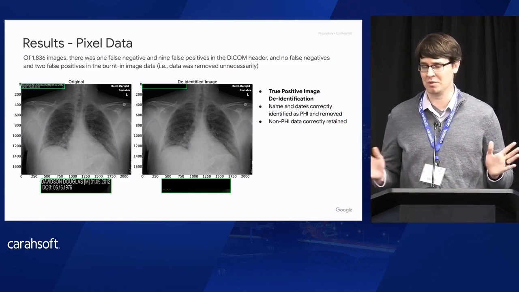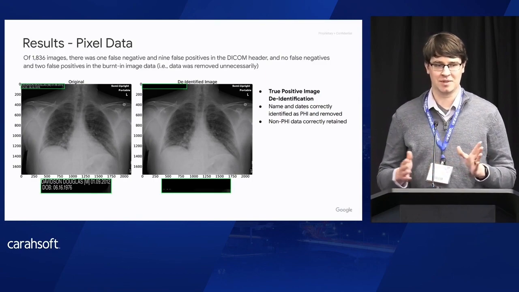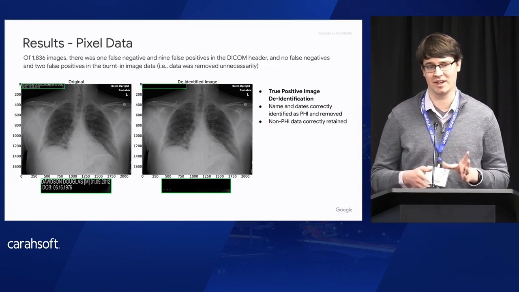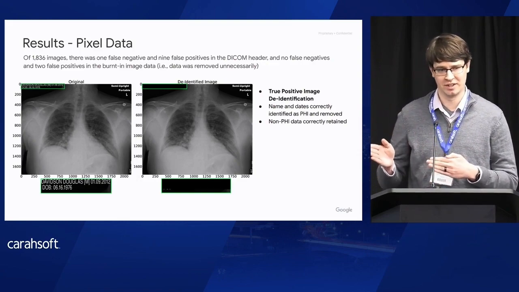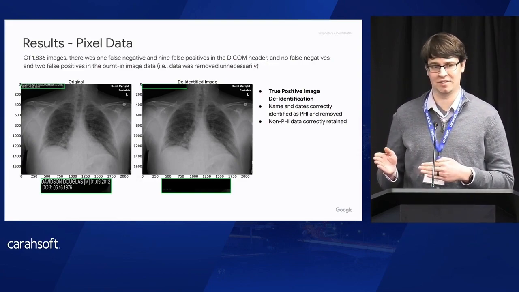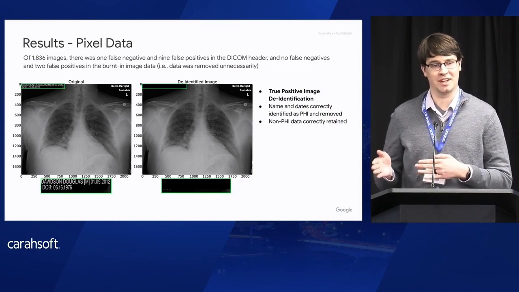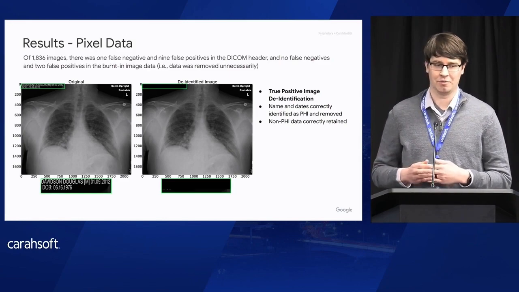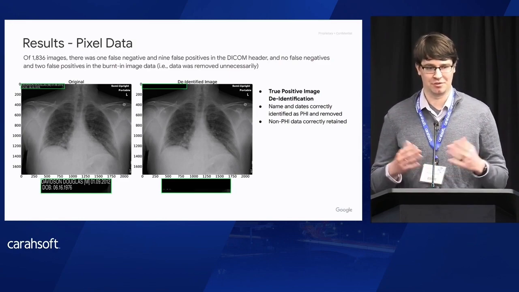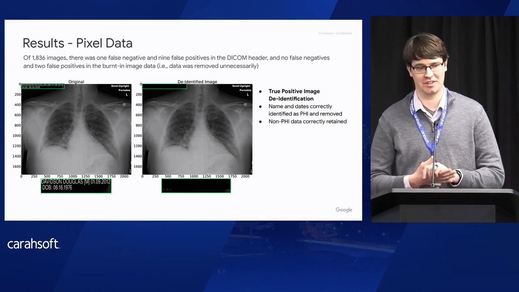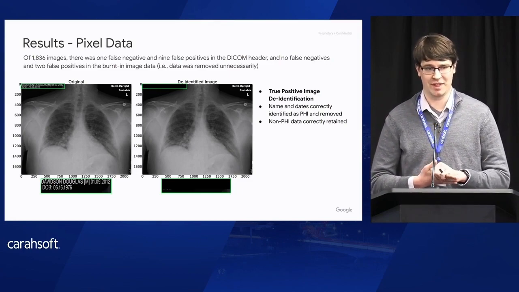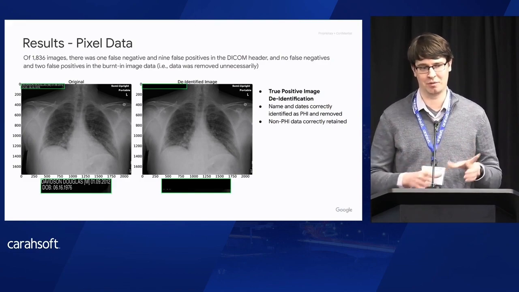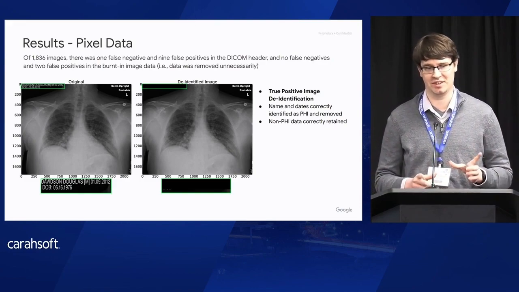And it was able to remove those pixels completely. At the same time, we were able to look into the code and identify that it did recognize the text in the top right, but it recognized it as potentially critical information for the researcher and not PHI. So it was able to keep that. This is the power of this technology that we've been using for the API: we're able to get context not only within the header data, but within the pixel data as well.